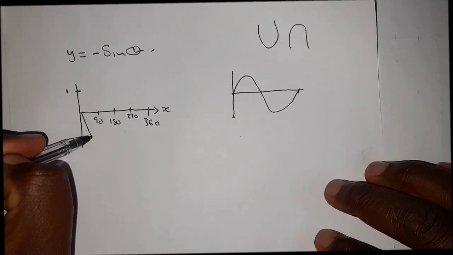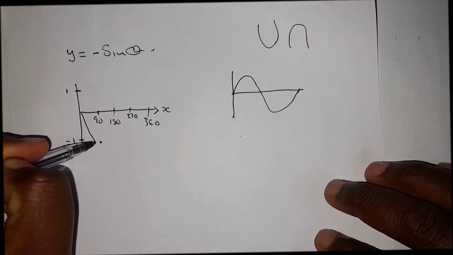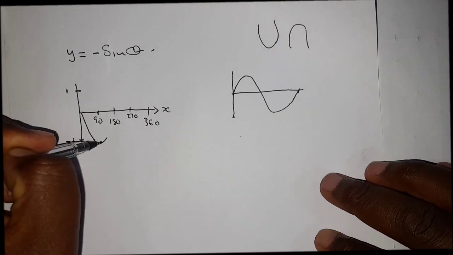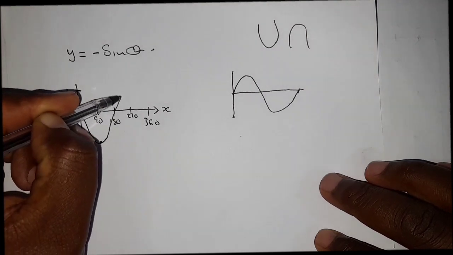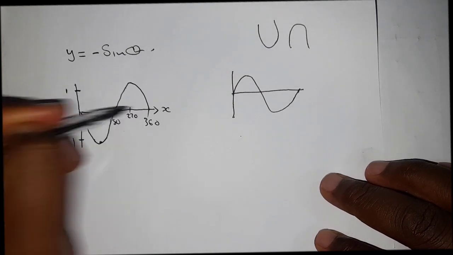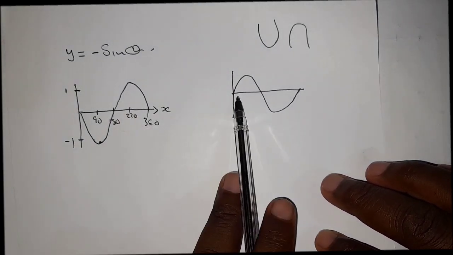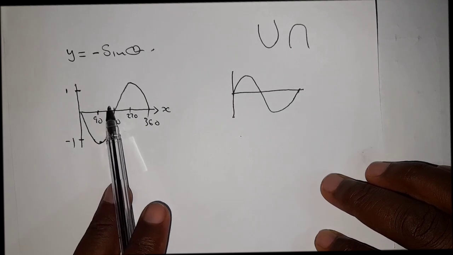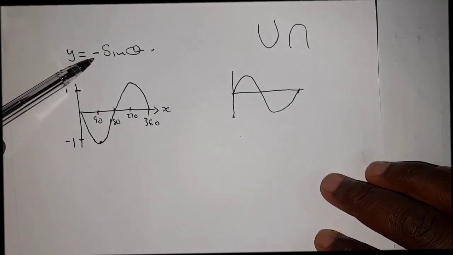It starts with going down, coming to this point, right? And then it goes to this one, and then it comes there. You see the difference. This is positive, and this is when a is negative, right?